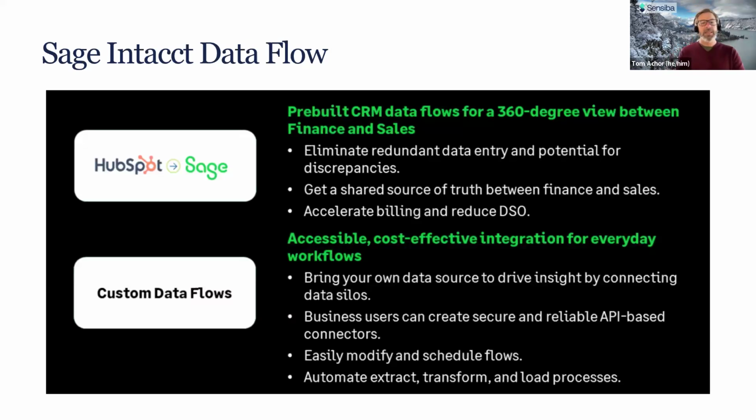One is Sage Intacct Data Flow, which is an integration tool, what they call an iPaaS, integration platform as a service, that is now being sold by Sage Intacct so that you can integrate other data sources and outputs with your Sage Intacct data without having to write code. And there are some pre-built data flows that will be included with that, specifically for CRM like HubSpot. That'll be coming out in March, I believe.